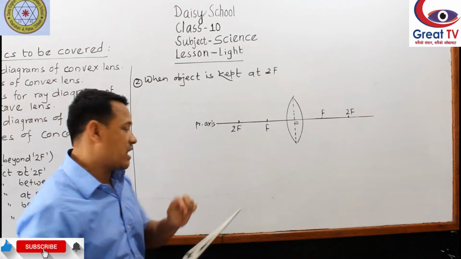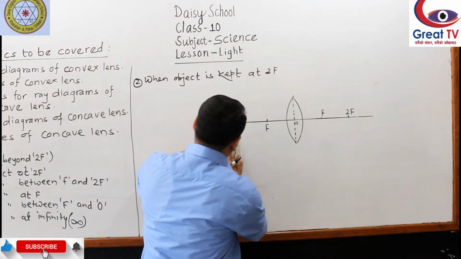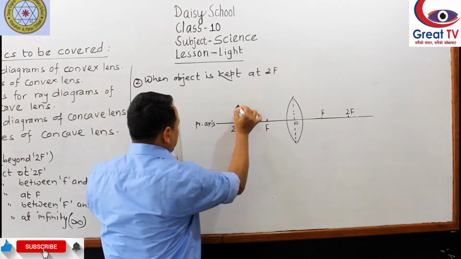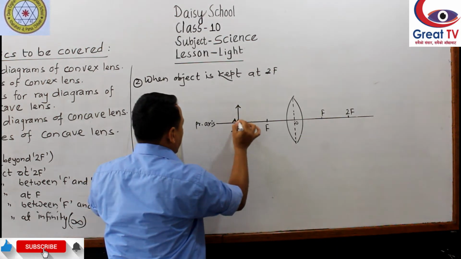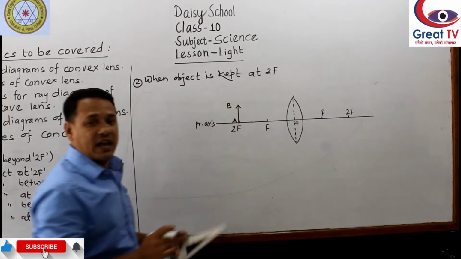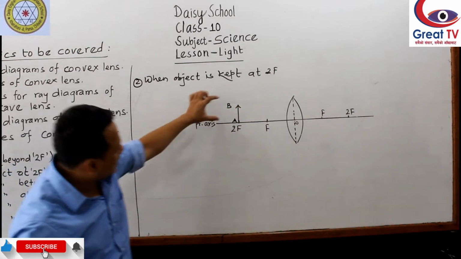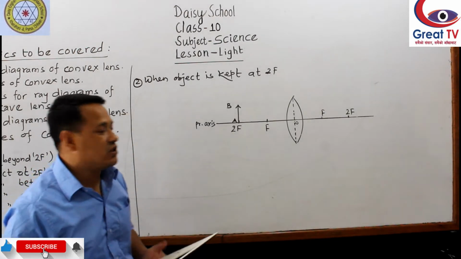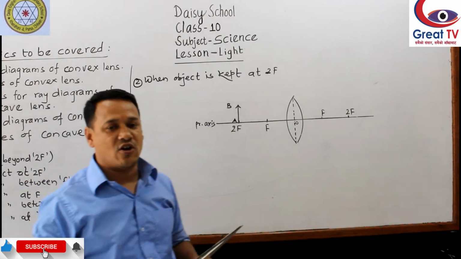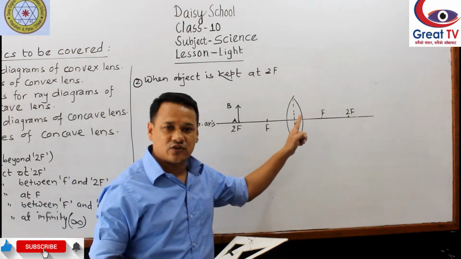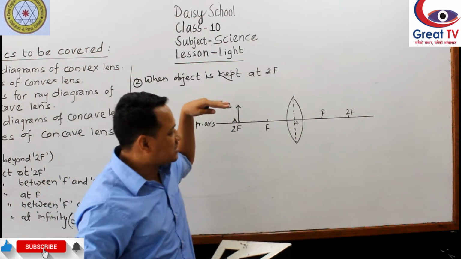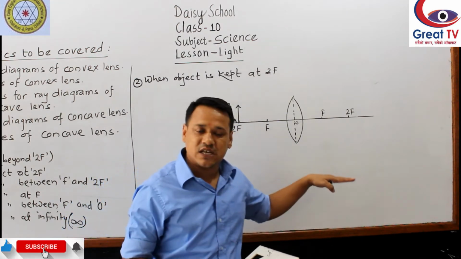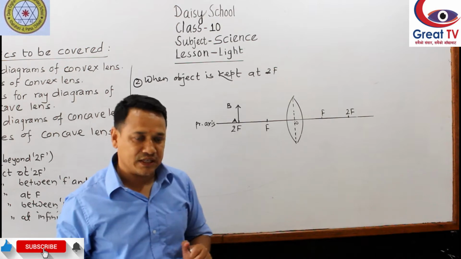Object means arrow sign. Here we have to draw an arrow sign at the 2f position. It's an object. Let's say AB. This AB is the object, kept at the position of 2f. Now you know the first rules or first laws of ray diagram for convex lens. Parallel light rays to the principal axis pass through the focus point. Another one, light rays that pass through the optical center pass without bending.